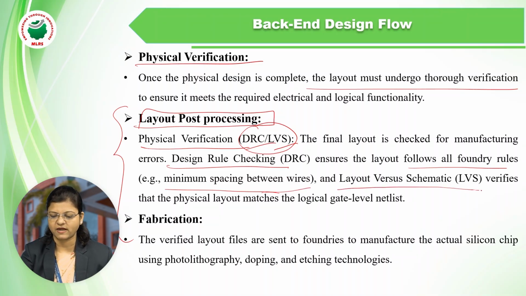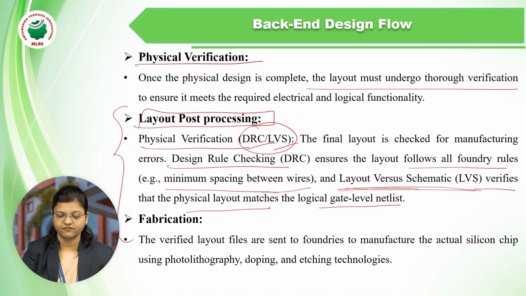Then layout versus schematic is nothing but LVS, which verifies the physical layout we have created, whether it is matching with the gate level netlist we have created in the front end. So it will ensure that the physical layout matches with the logical gate level netlist or not.